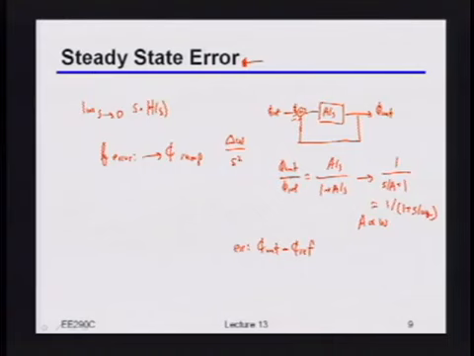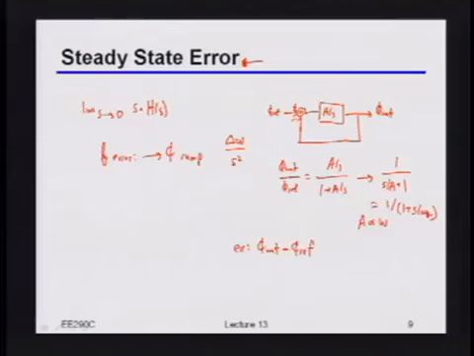If it's a first order loop, all I really have to say about it is what the bandwidth of that loop is, because I know the gain at DC is infinite. There should be no DC error.